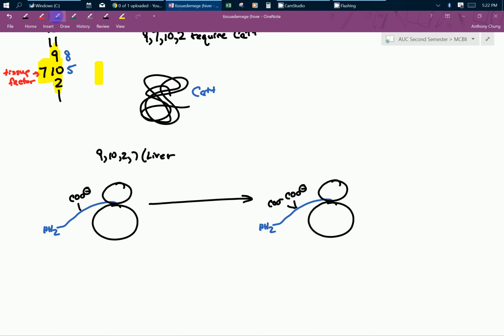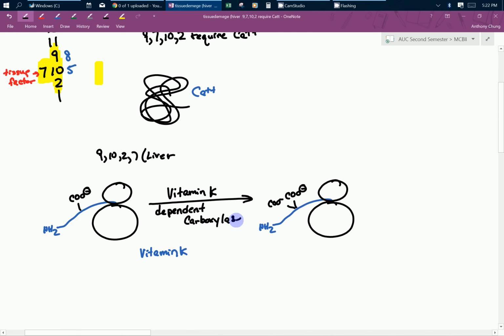And in order to do this, we need vitamin K. And this enzyme, which I don't think it's that important, is called vitamin K dependent carboxylase. That makes sense because you need vitamin K to carboxylate this protein.